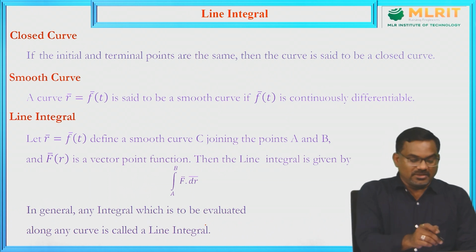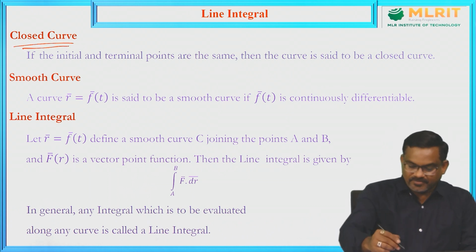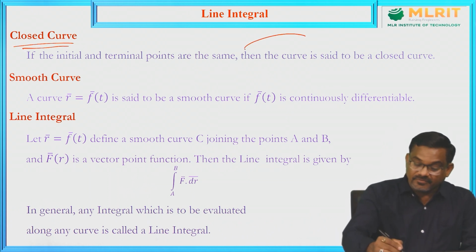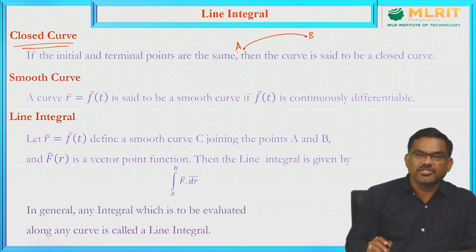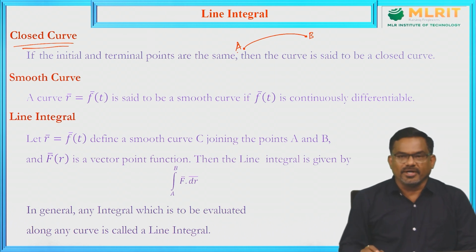Now, a closed curve. For example, if there is a curve with the initial and terminal points capital A and capital B, here A is the initial point and B is the terminal point.